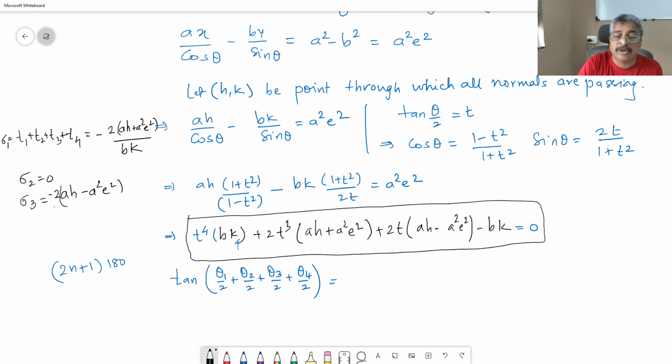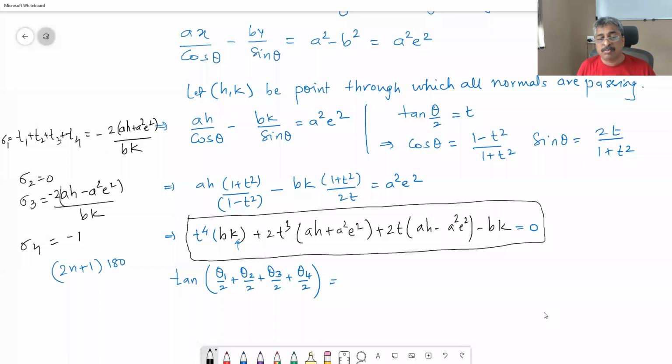I don't know whether this is required or not, but we have to calculate. And sigma 4 is equal to minus BK upon BK. These are the interesting facts about this fourth degree equation in T.